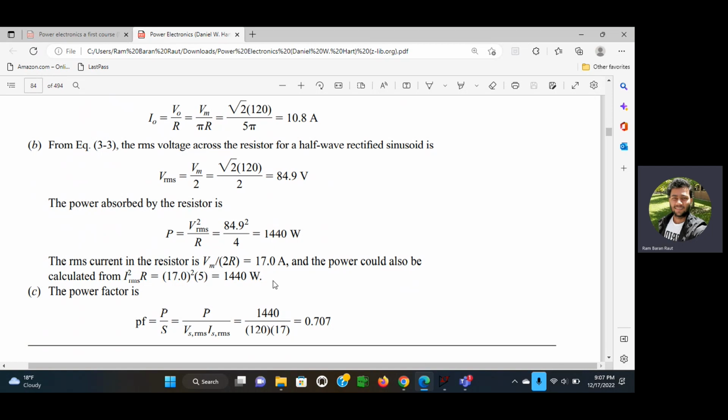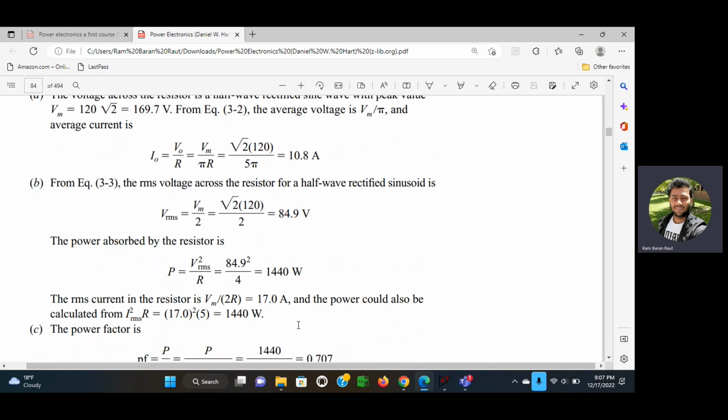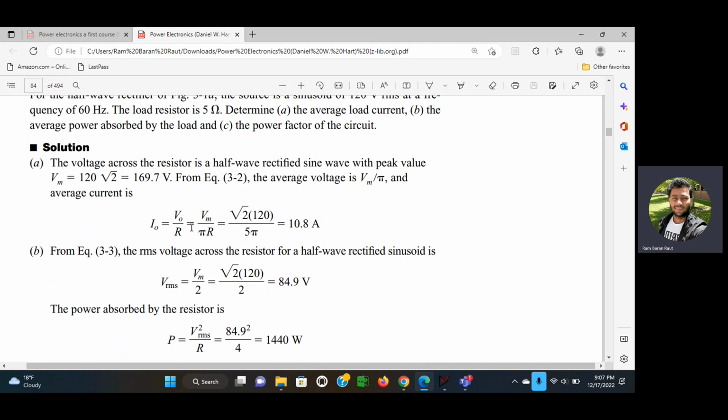The power could also be calculated from this IRMS squared multiplied by R, and the source RMS voltage multiplied by RMS current. So the output current is 10.8 ampere.